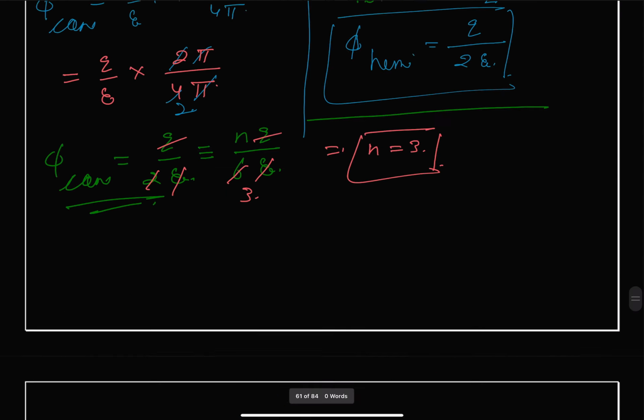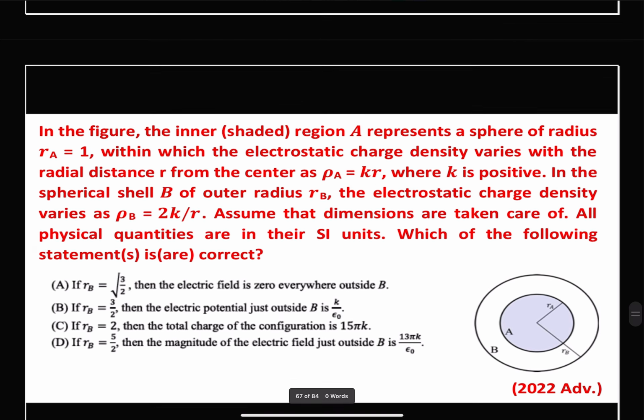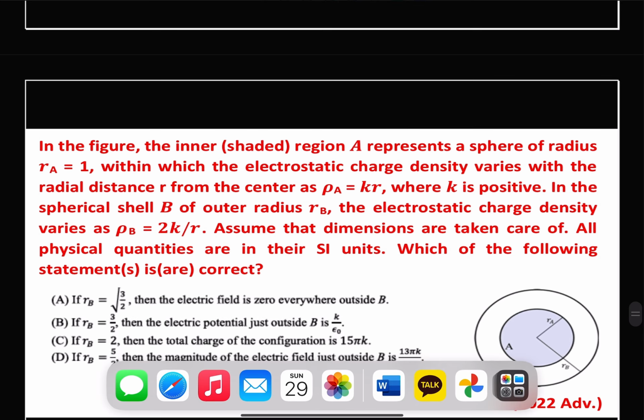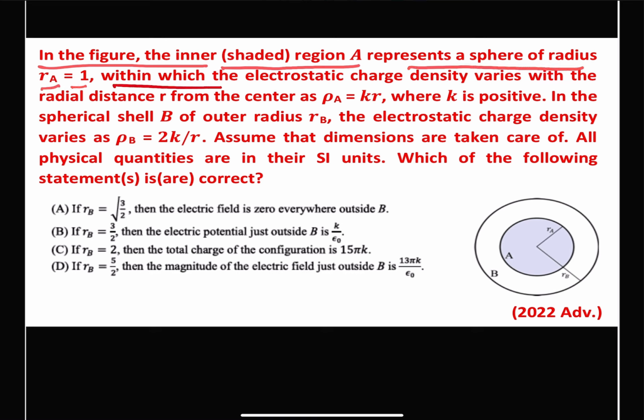Next question. It states that in the figure, the inner shaded region A represents a sphere of radius Ra, which is given as 1, within which the electrostatic charge density varies with radial distance r from the center as rho of A is equal to K times r, where K is positive.